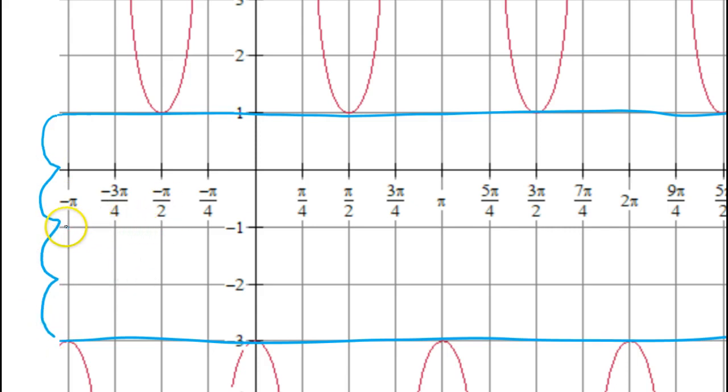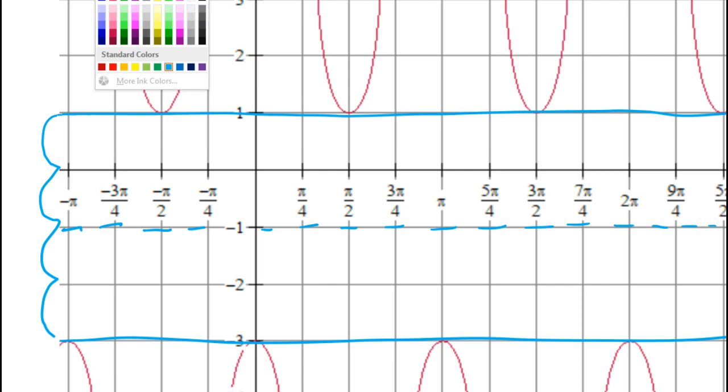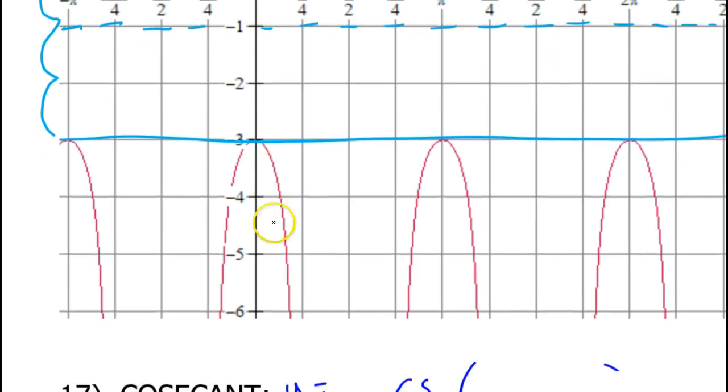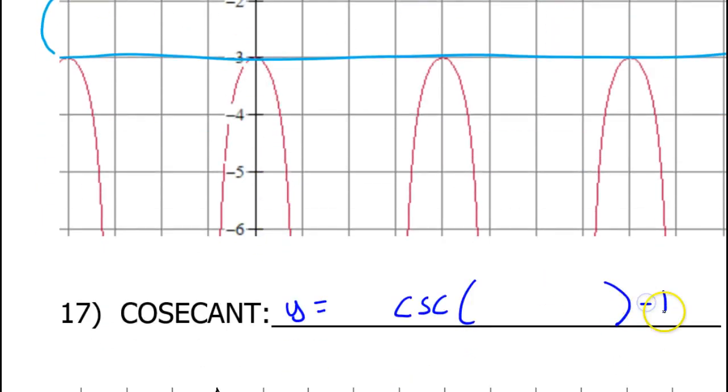So the midline should be right down the middle. If I go down 2, that should be the midline. So the midline is -1. That tells me that my equation should have a -1 on the end of it.